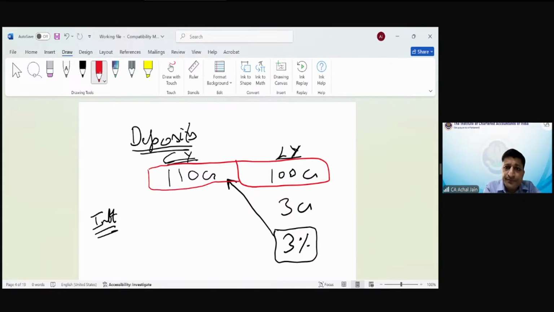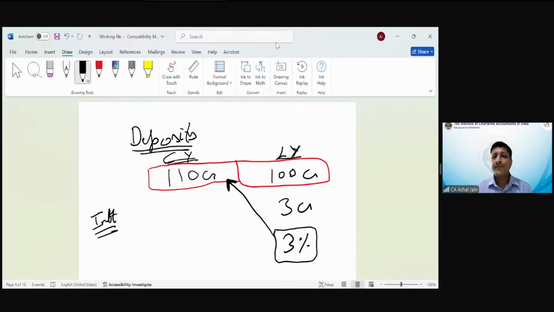Interest cost needs to be computed. So if you apply 3% on 110 crore, what do you get?